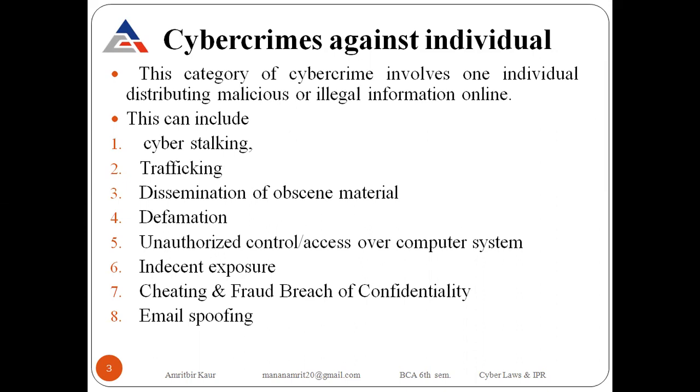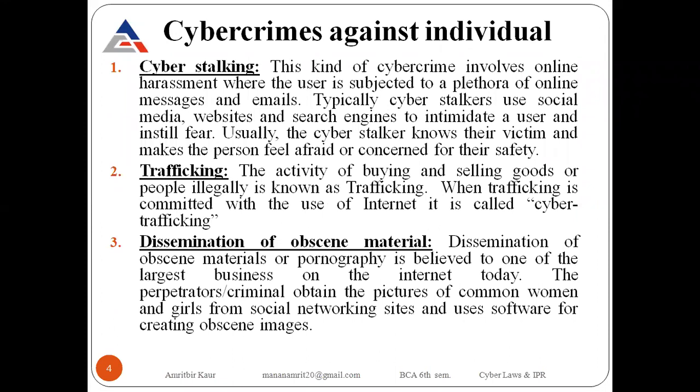So let us know about these one by one. The first one is cyber stalking. It is similar to stalking that is done in the physical world, where somebody follows another person, but that occurs in the physical world.